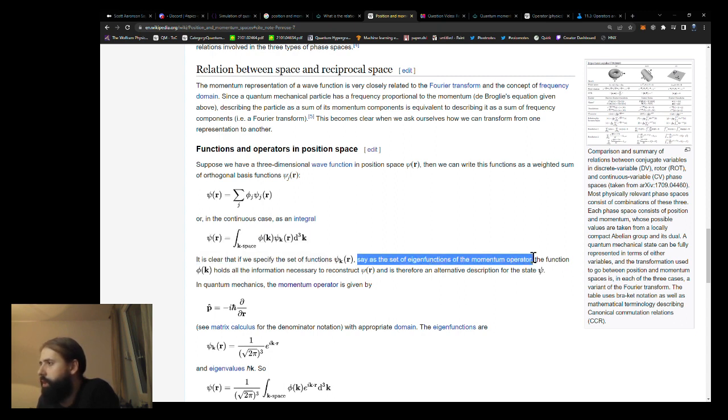That's what's confusing me. Then psi k holds all the information necessary to reconstruct psi r, and is therefore an alternative description of the state.